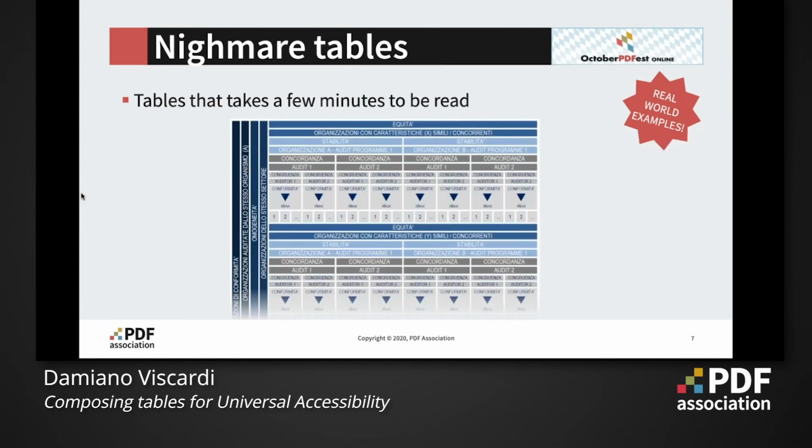Then there are the terrible noisy tables, and this is too much to be read as a table. I'm sure that you can find a lot of these tables in books, especially in school books, in science books.